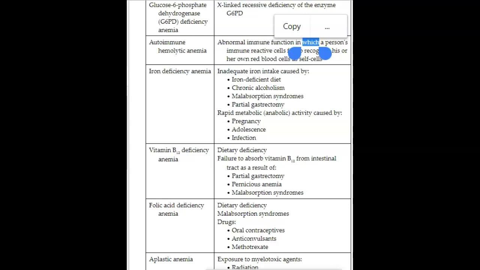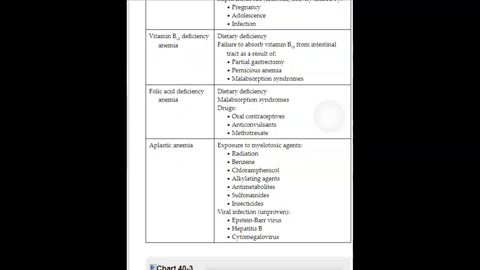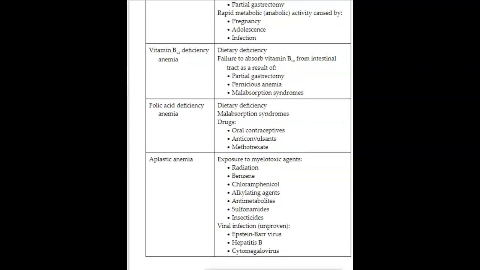Very important. Also, you want to read up on your vitamin B deficiency, which is dietary deficiency. Failure to absorb vitamin B from, guess where? The intestinal tract. As a result, some patients get it from partial gastrectomies, pernicious anemia, or malabsorption syndrome.